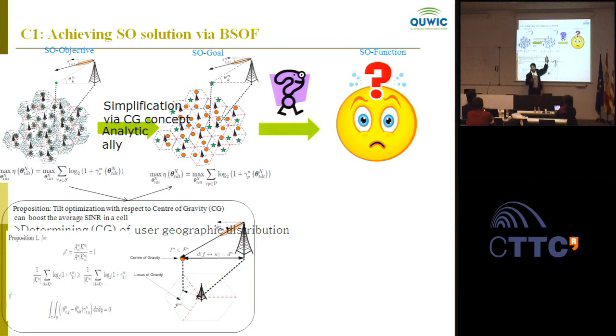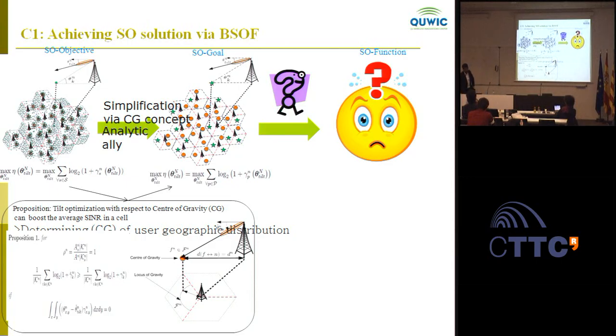The length of this summation has squeezed, because here we had as many summation terms as users, but here you just have as many terms as number of cells. But the problem is still, as you see, a convex problem, and still a large scale problem because your optimization variable hasn't gone anywhere.